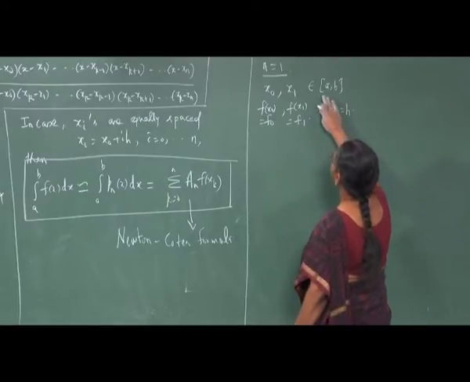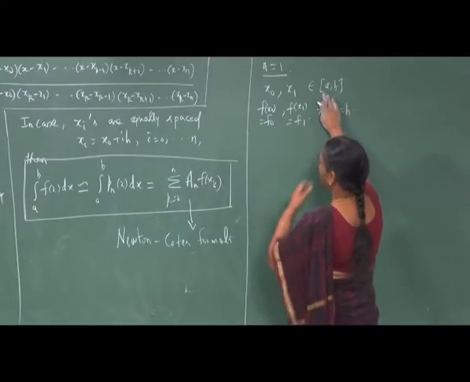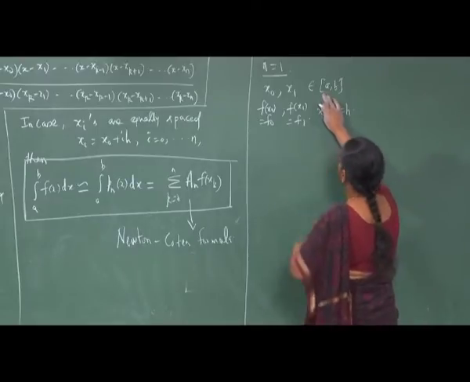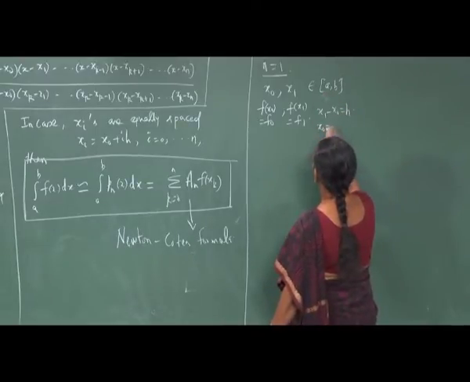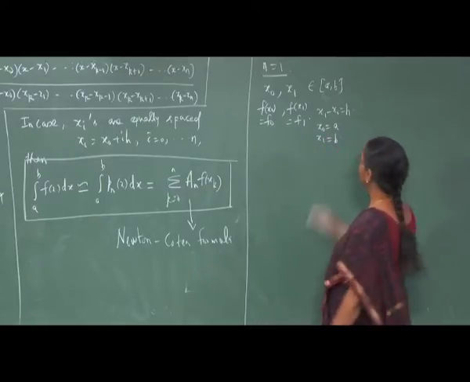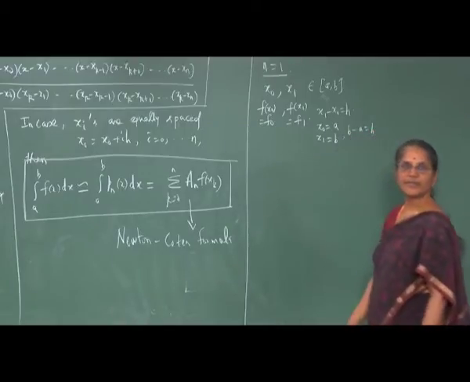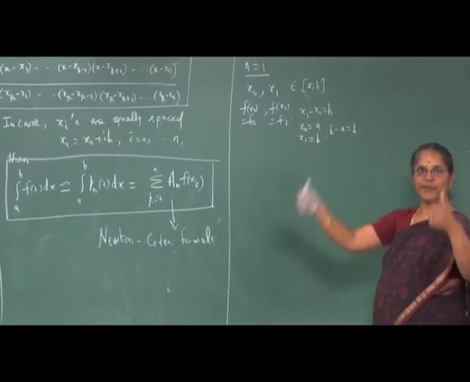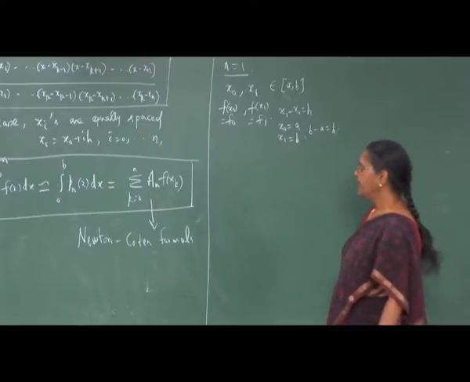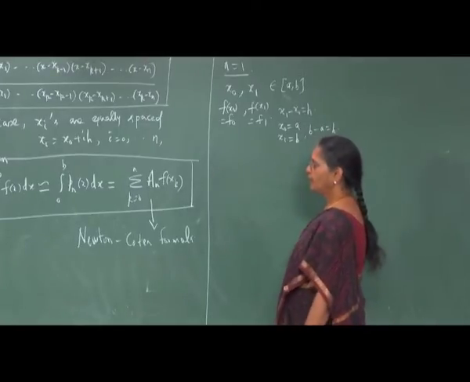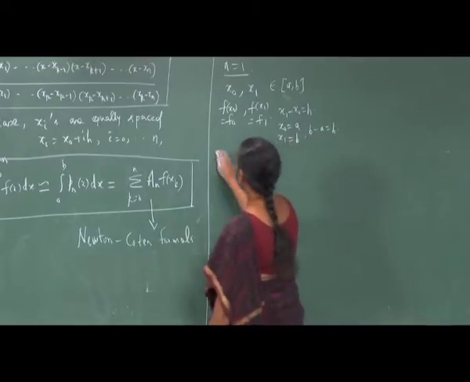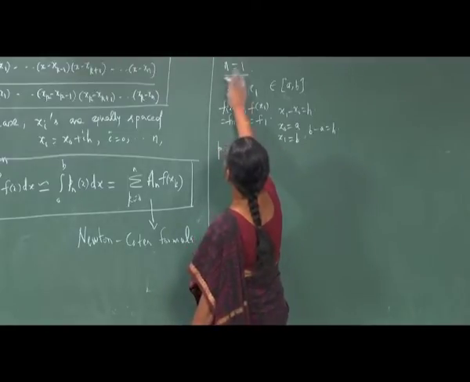I can take x0 and x1 to be such that x0 is a and x1 is b, so that b minus a will be equal to h. I can use the endpoints and then write down this formula. So, what will be my p? Here n is 1.